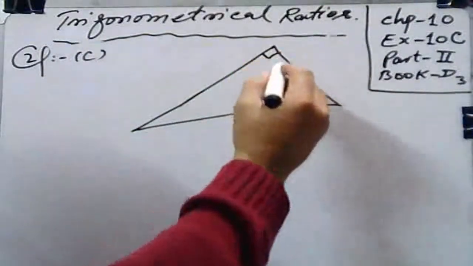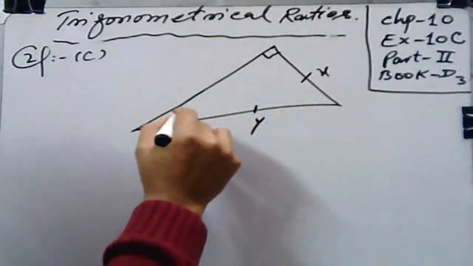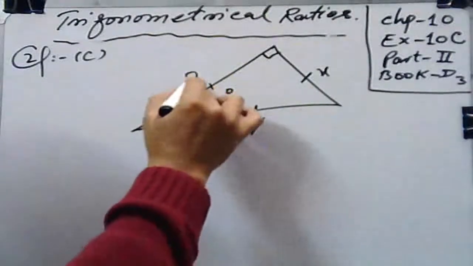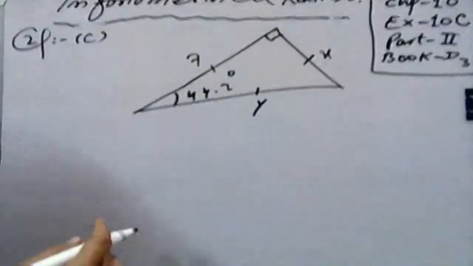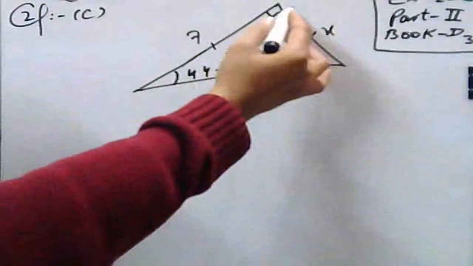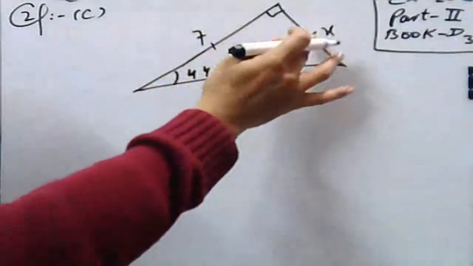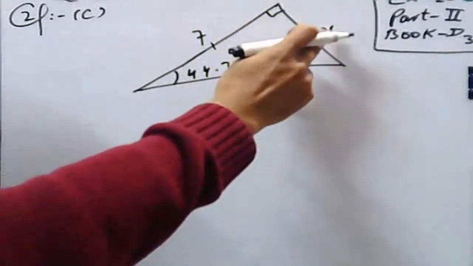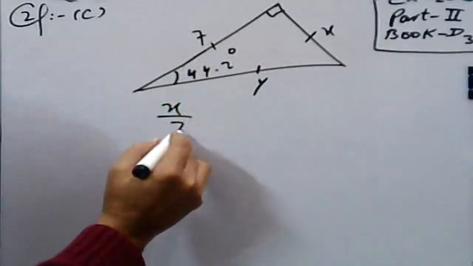In C, you can see another diagram is given to you, that is like this. Here is your 90, here is your x, this one is your y, and here 44.2 degree, and this side is your 7. So once again, by the same methodology, you can use the ratio of the unknown side and known side, that is your known side, that is your 7.